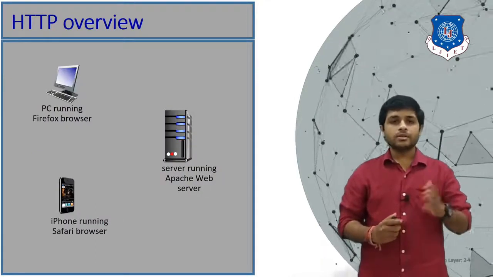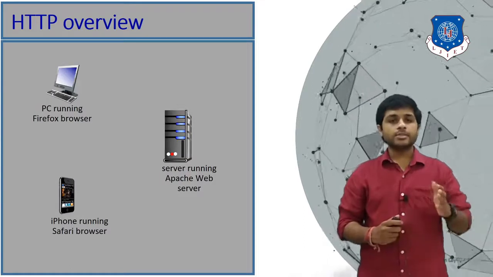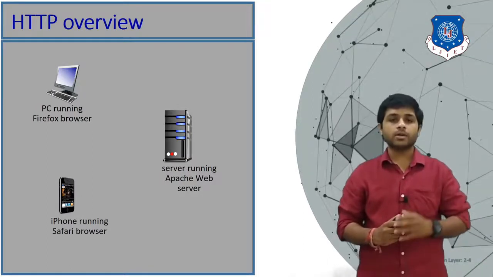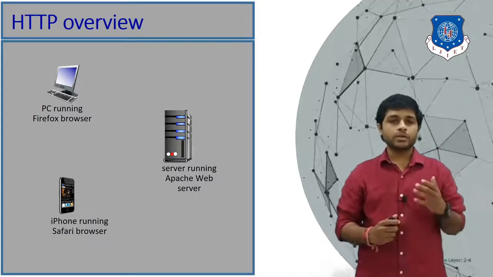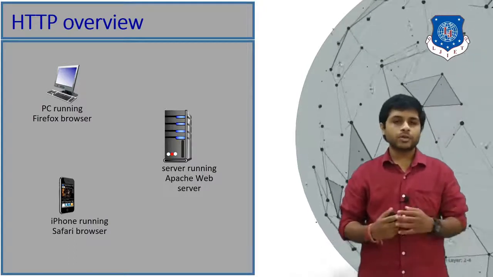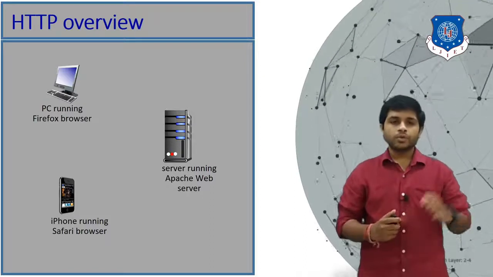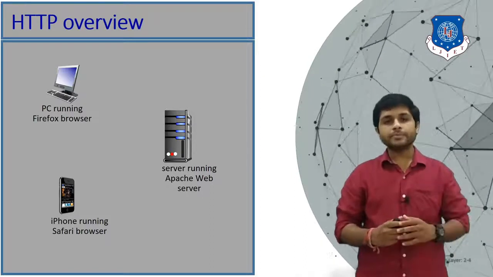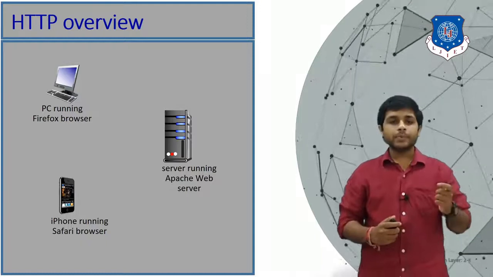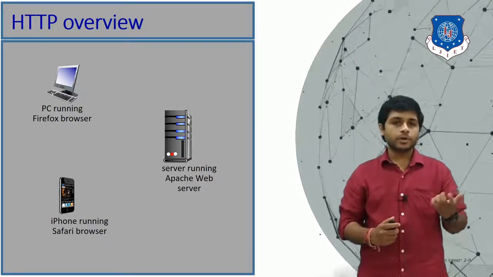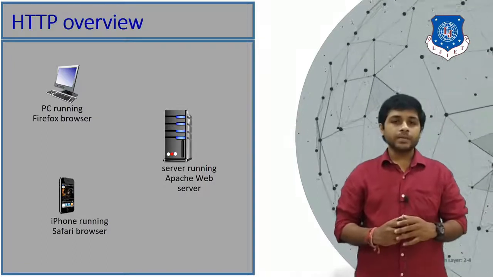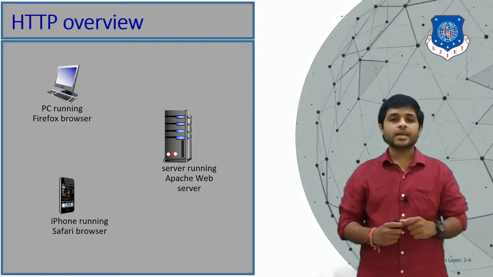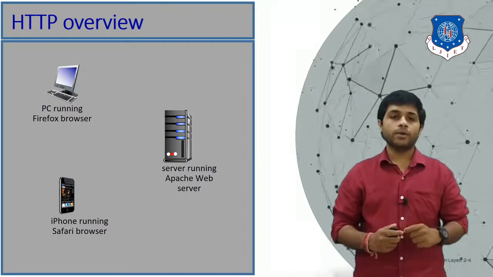So this is the example. You can see that there is a PC and there is a server. You can access the web page using a computer, or you can access it using a mobile phone too, right? When you want to open a website, for example when you type www.google.com, your computer will generate an HTTP request, and that request will be sent to the server of Google.